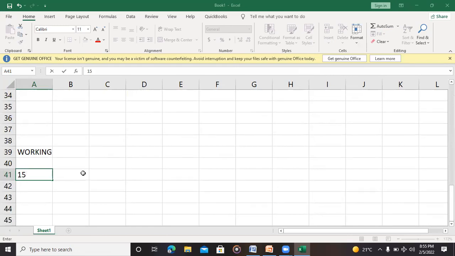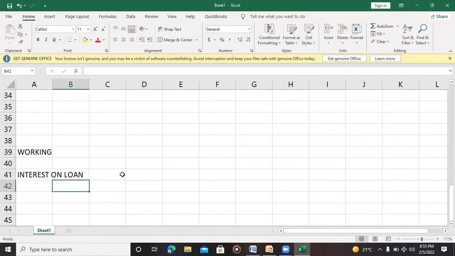From additional information, we were told 15% of 20 million, right? Interest on loan. It said 15%.